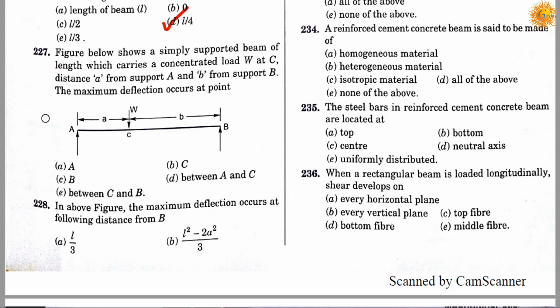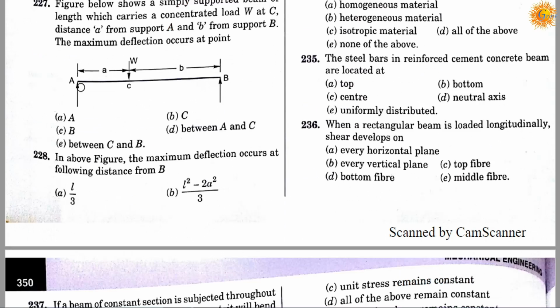So in the figure you can see a simply supported beam, points A, B and C, divided in two portions small a and b, loaded by W. Option A is A, option B is C, option C is B, option D is between A and C, option E is between C and B. Correct answer is E, it will be between C and B. So for the simply supported beam, the maximum deflection occurs between C and B, it means here somewhere.